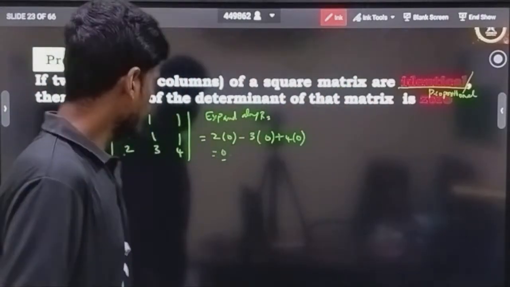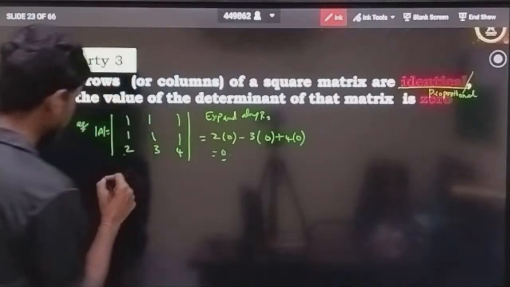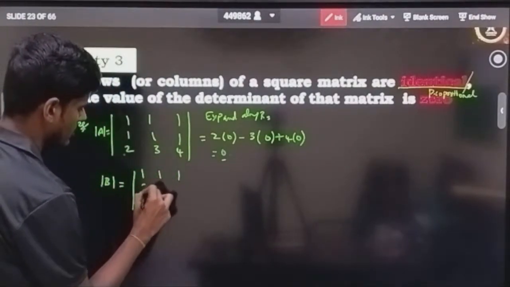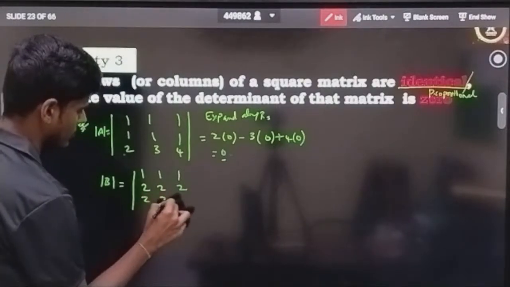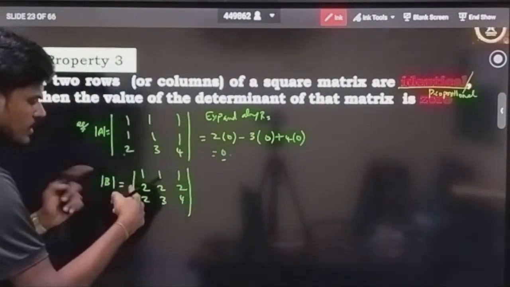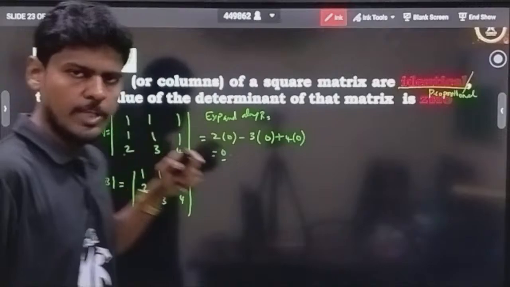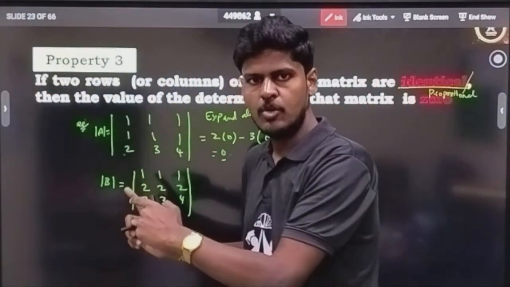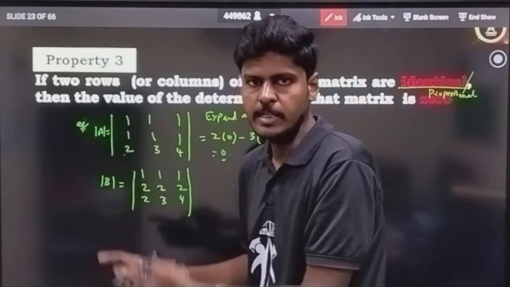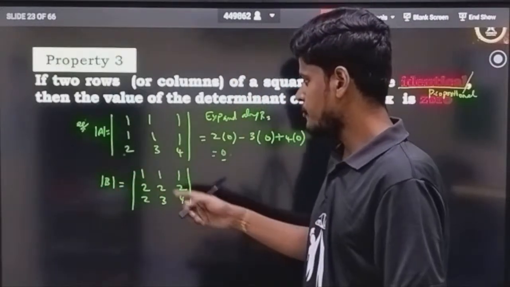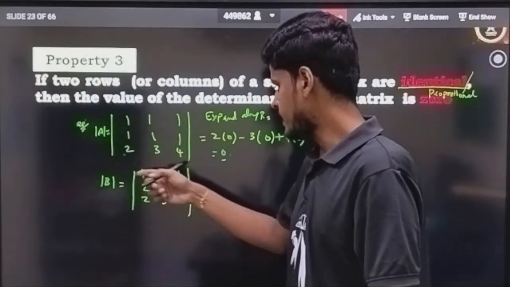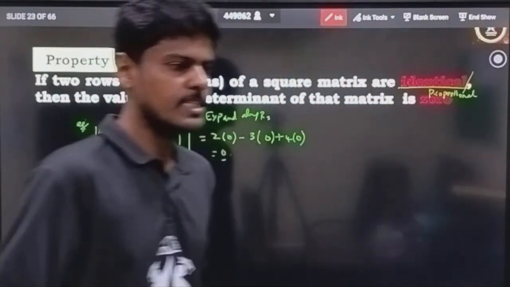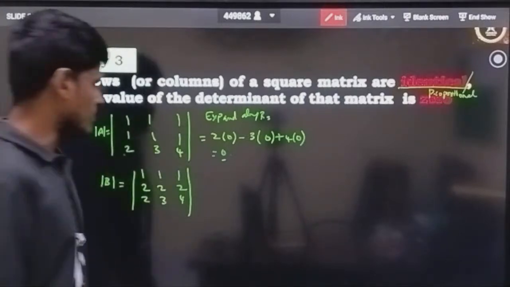What about proportionality? Say we take another matrix. Determinant B is equal to 1, 1, 1, 2, 2, 2, 2, 3, 4. Now this is proportionality, and we already know the property. We can take the scalar multiple of any row or column outside the determinant. If any row or column is multiplied by scalar k, then its determinant is k times the determinant of the remaining.